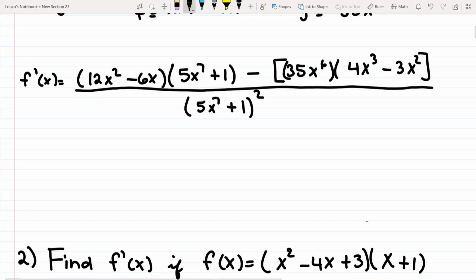So when you simplify the numerator and FOIL out that minus, your final answer should be this. I'm not going to go too much into details, because you should know this in algebra, how to FOIL and collect like terms.